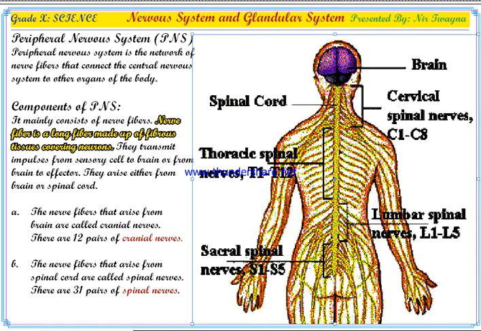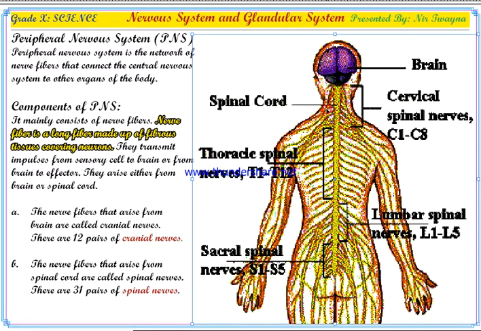In this, the brain and spinal cord, which lie in a central position, are part of the central nervous system. But beyond that, everything is peripheral nervous system, which does not lie in the center. The main components of the peripheral nervous system are the nerves and ganglia.